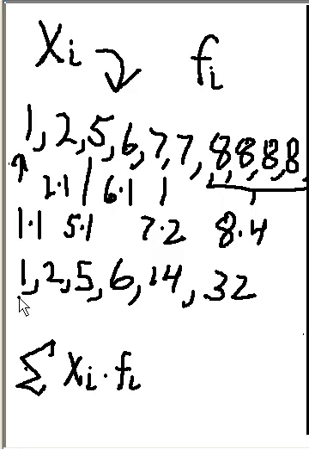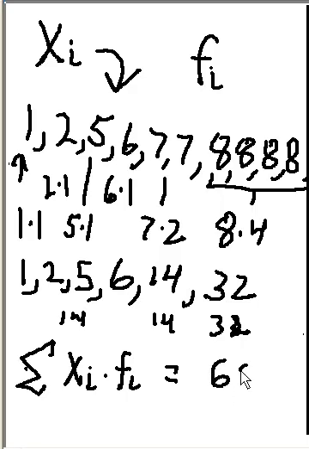And that's going to come out to 1 and 2 is 3, and 5 is 8, plus 6 is 14. We got 14. Here's another 14, and here's 32. So 32 and 14, 32 and 10 is 42, and 4 is 46. 56 and 4 is 60. So the sum of these guys is 60.